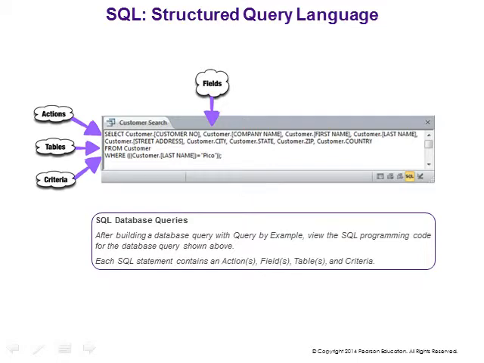So when the query is run, the query builder creates this SQL programming code, or structured query language code, behind the scenes. This is an example of SQL code that was created by the query builder in Microsoft Access for the query created in the slide we just looked at. Although accounting professionals may not write SQL programming code, it has become more important than ever for accounting professionals and auditors to be able to at least read some SQL.